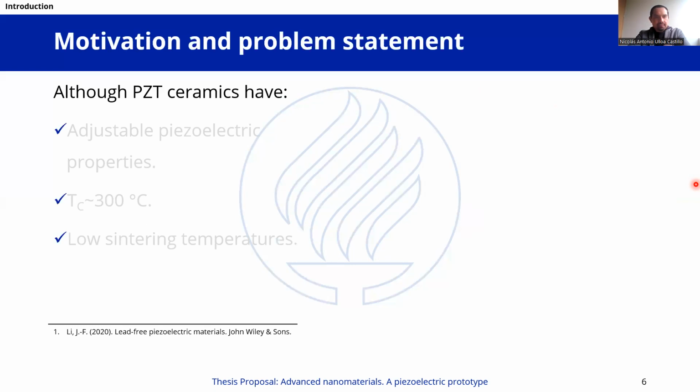But let's remark some of the PZT properties.